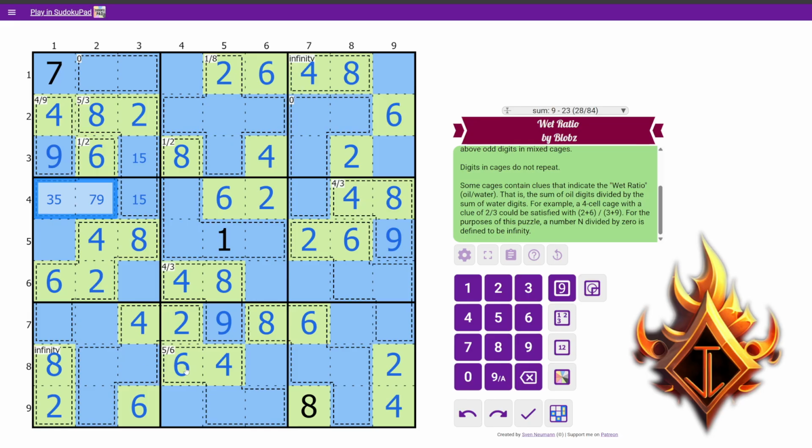Now, okay, that did end up being 10. So this is 12. Cannot be 9, 3. So it is 7, 5. What's left over?